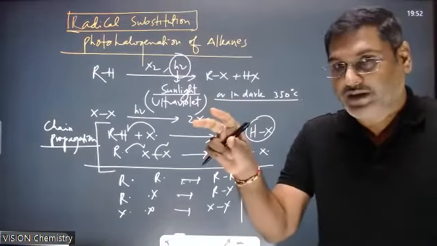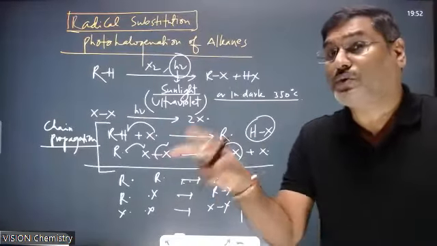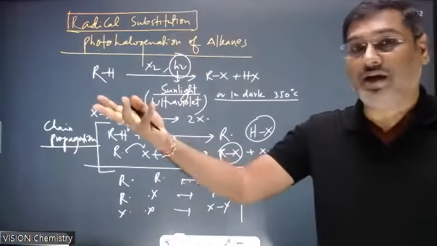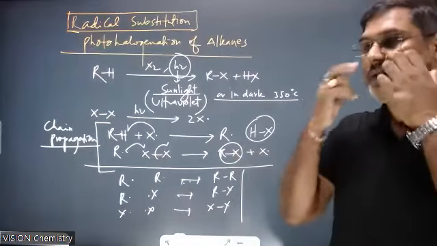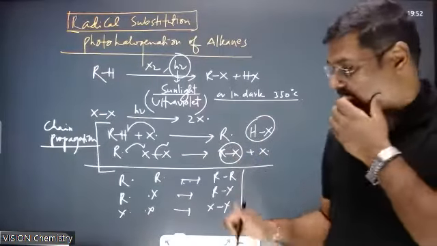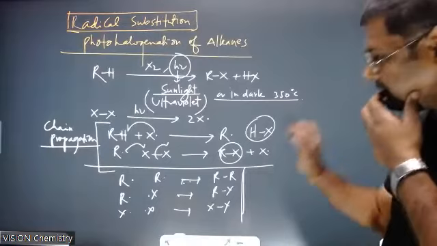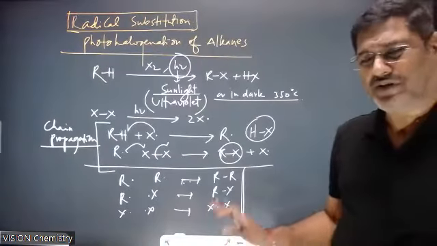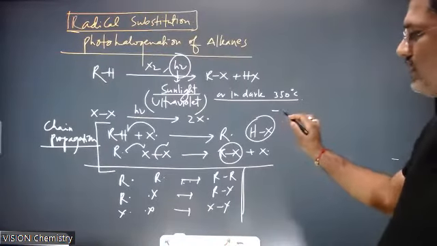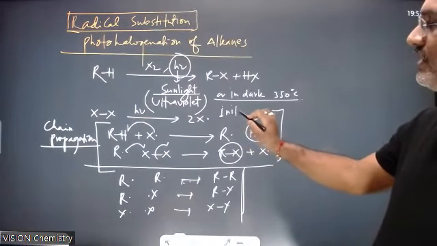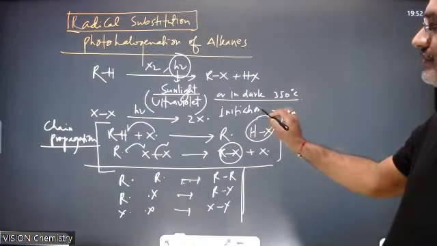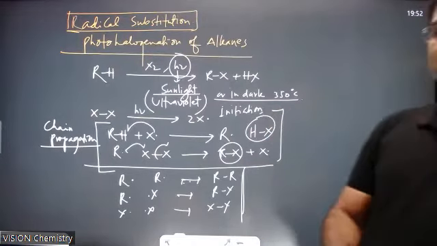Every radical propagation is a growth center, meaning the products are yielded there. These are the termination steps. The actual reaction means chain propagation, and the first step is called initiation, as we discussed earlier. This one is initiation, and this one is propagation. Right?